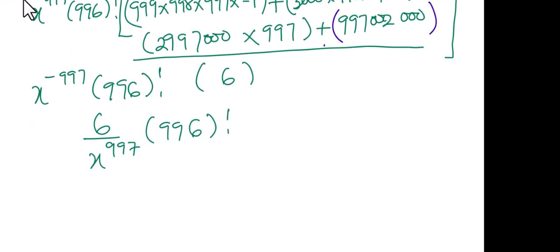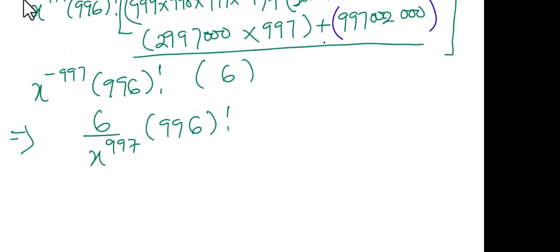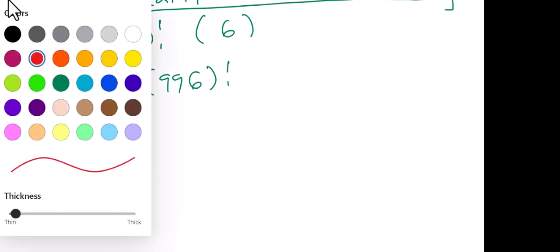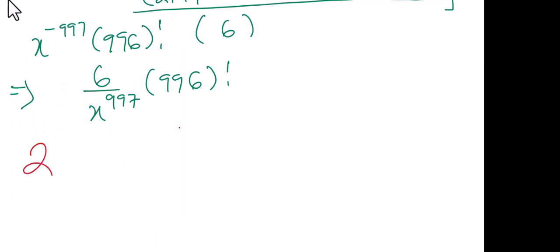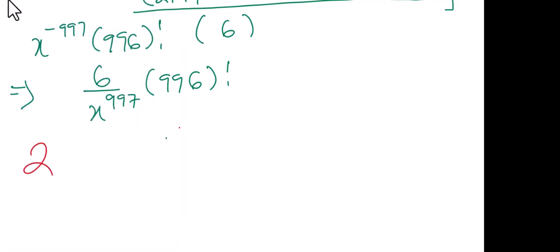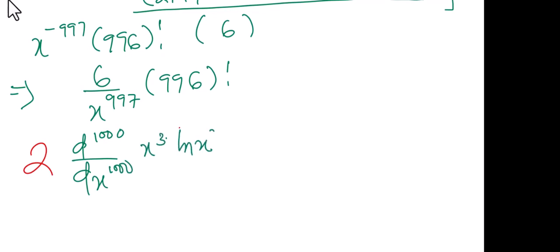But remember that there was a constant 2, and then we had the x^1000, x cubed ln of x squared.